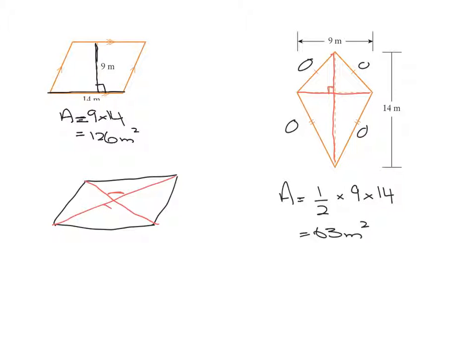That is obtuse, and this angle here is acute. So parallelograms do not have diagonals that cross each other at right angles. However, a rhombus, and I'm not going to do a great job here at a rhombus, but if that was a correct rhombus, does have diagonals that meet each other at right angles.